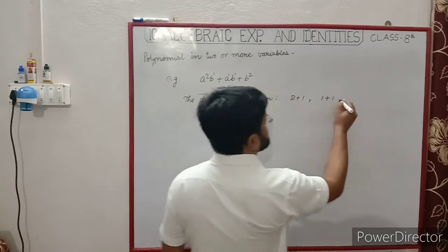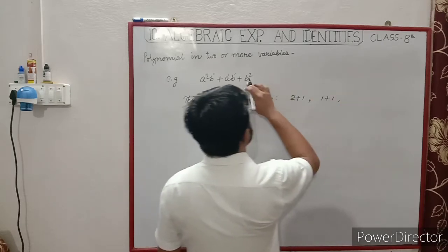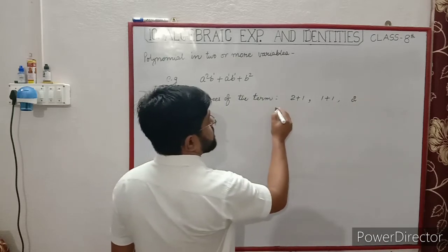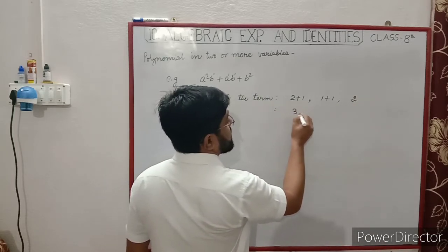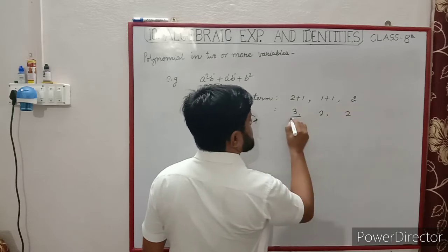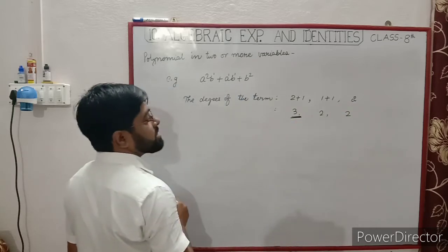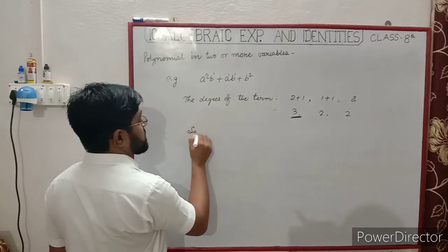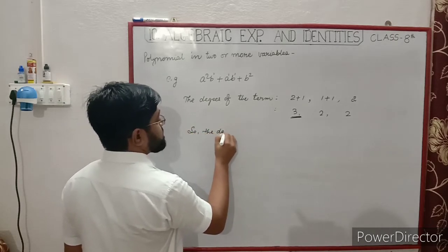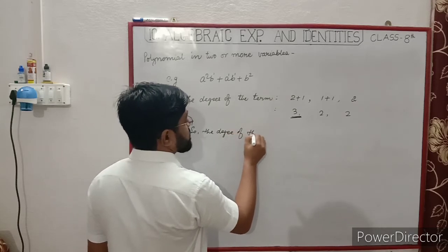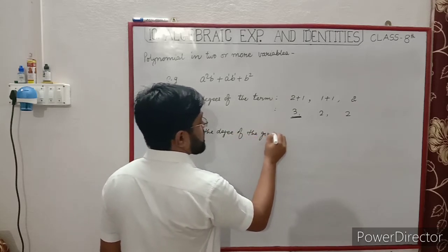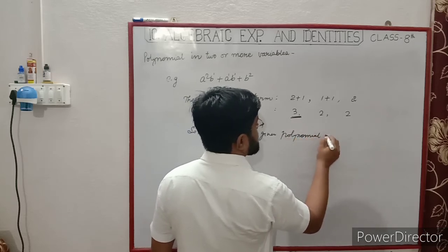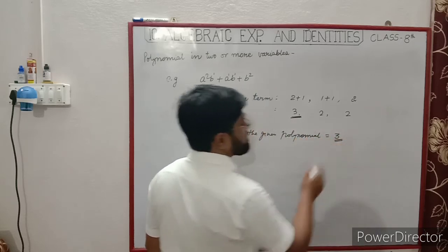In the third term, b square, so only 2. So 3, 2, 2. The maximum power of the literals is called its degree. So the degree of the given polynomial is 3.